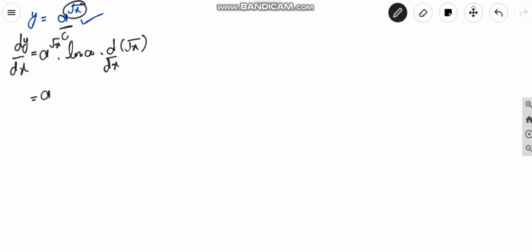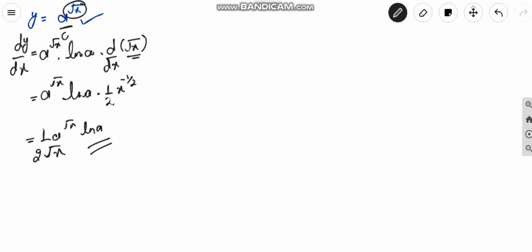A power square root x, natural log of a, and the derivative of square root x: place the power on start and reduce the power by 1. So our answer is a power square root x natural log of a and 1 by 2 square root x. So this is so simple. By following a rule we can find the derivative of this function.